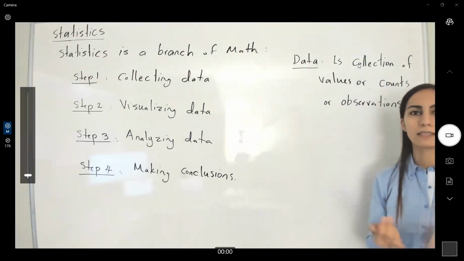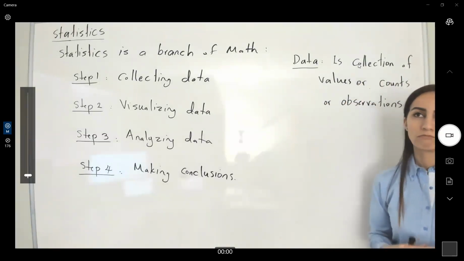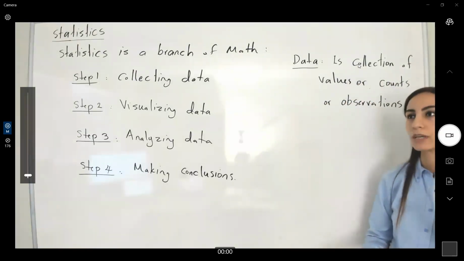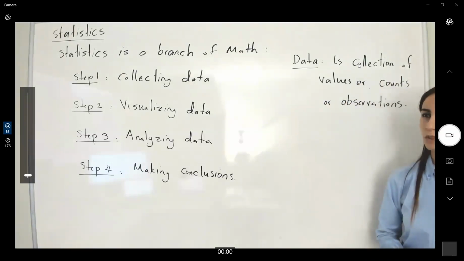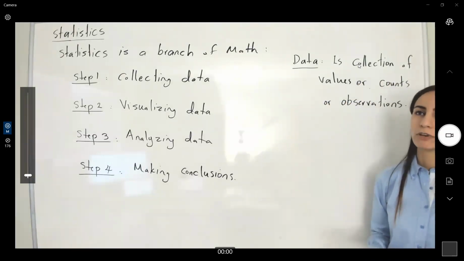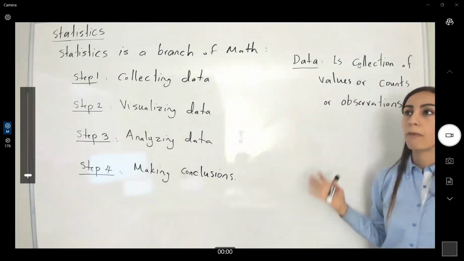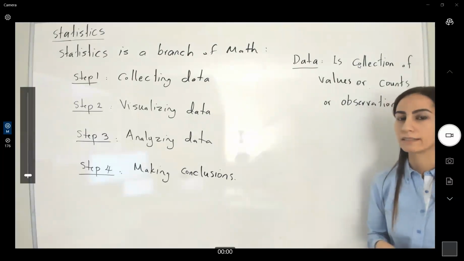I can easily ask each one of them, what's your favorite color? Ask each one of them, what was your GPA? What if I want to collect data from all students in the United States?